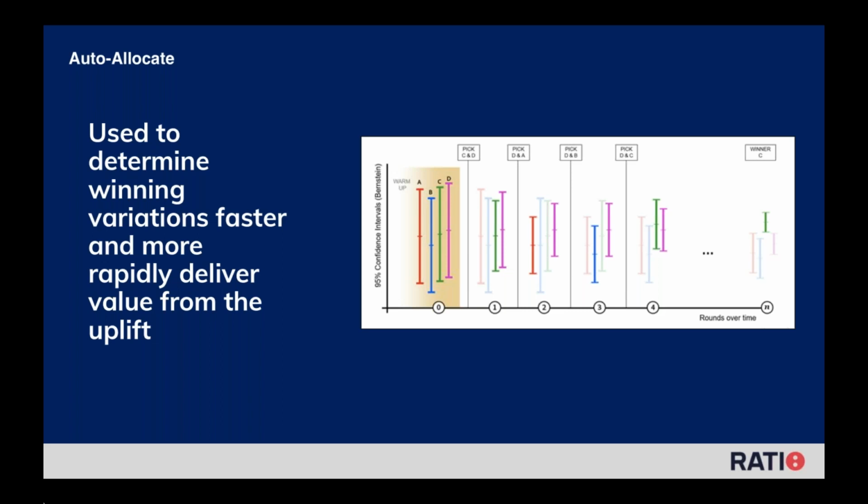So auto allocation determines, when you're running an experience, or a test I should say, as in the depiction with 4 different variations, when Adobe Target detects that one of those options is working better, it will start allocating more and more traffic to that particular variation.